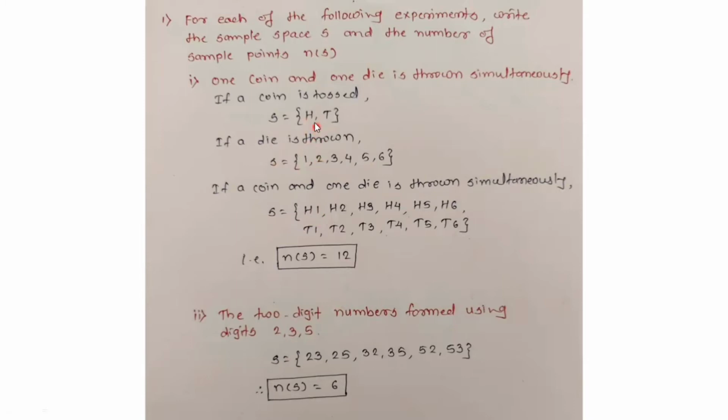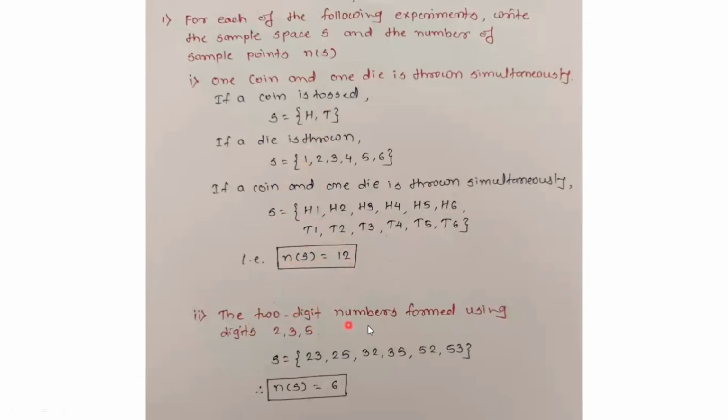Similarly H2, H3, H4, H5 and H6. Now we start with the tail, that is T1, T2, T3, T4, T5 and T6. So in this given experiment, we get 12 possible outcomes. That's why the number of sample points is equal to 12.